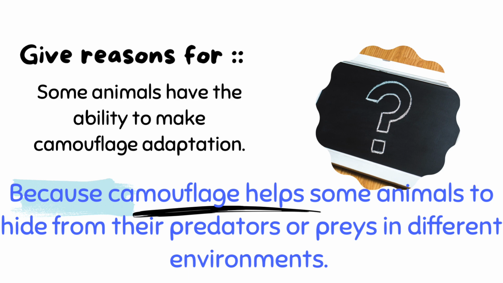As we see here after because, we have the word camouflage as its subject and the verb helps, and some animals is the object, and then we have the reason: to hide from their predators and prey in different environments. If it's clear, let's go to the last one in this level.